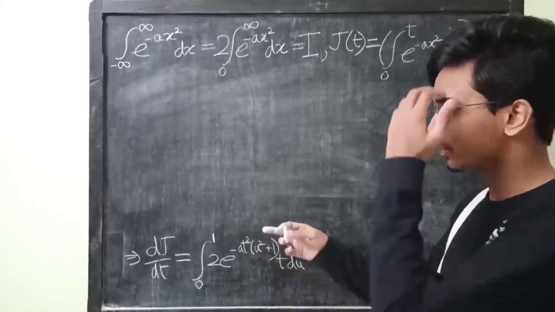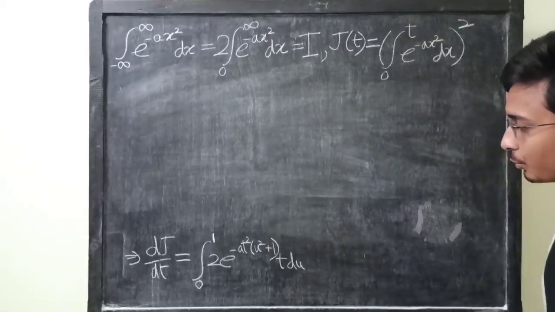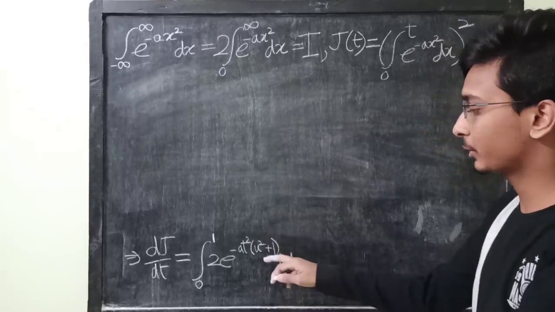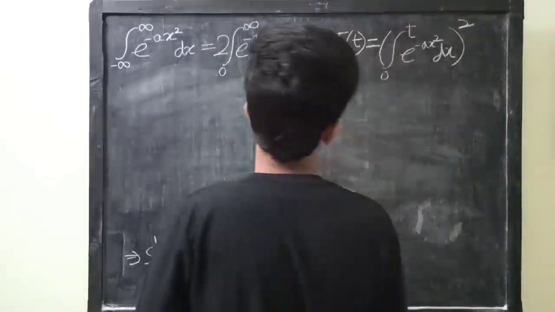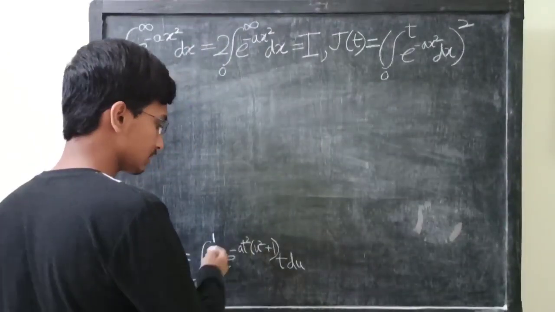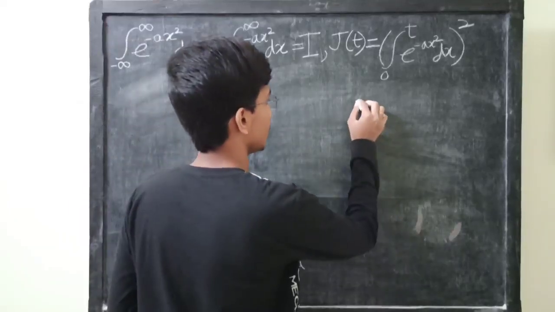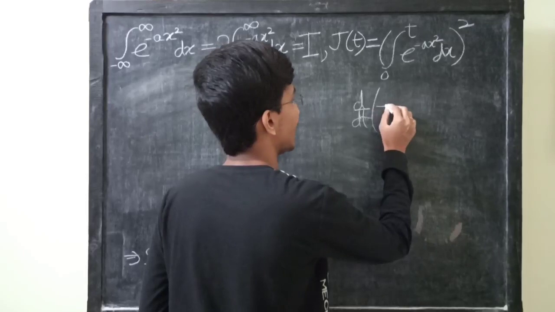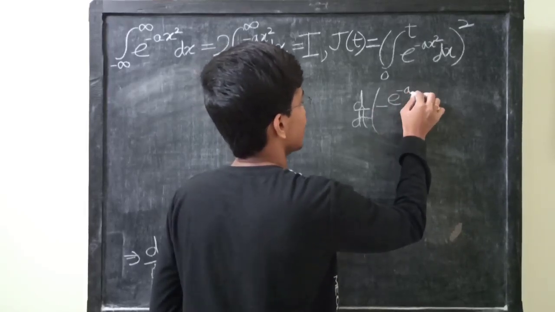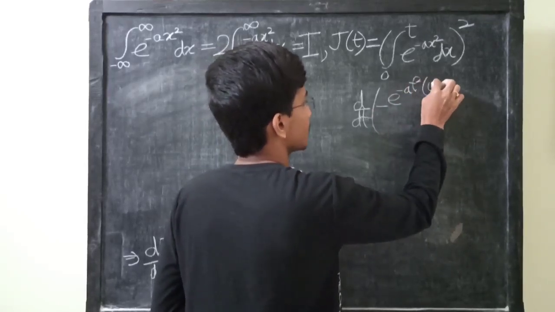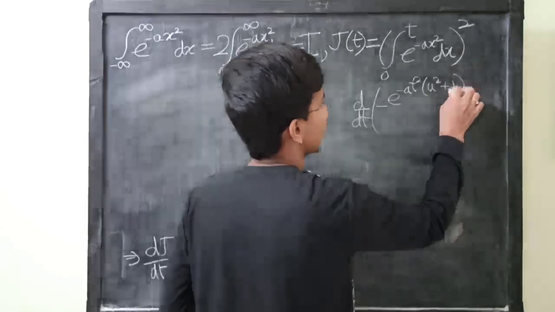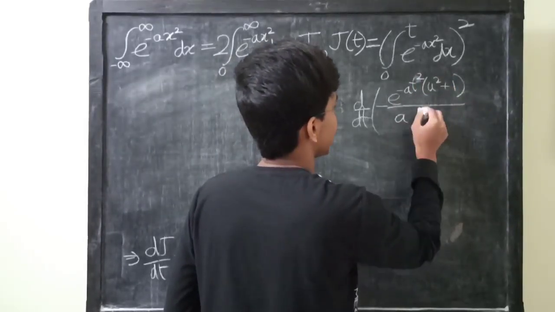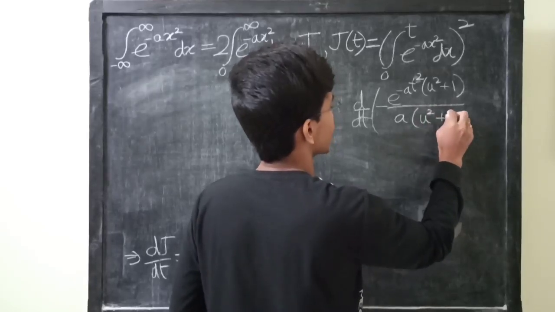So what we have is this. Now we are trying to write this function as the derivative of some other function with respect to t. So what I mean is, this function is nothing but d/dt of minus e to the power minus a t square times u square plus 1, over a times u square plus 1.